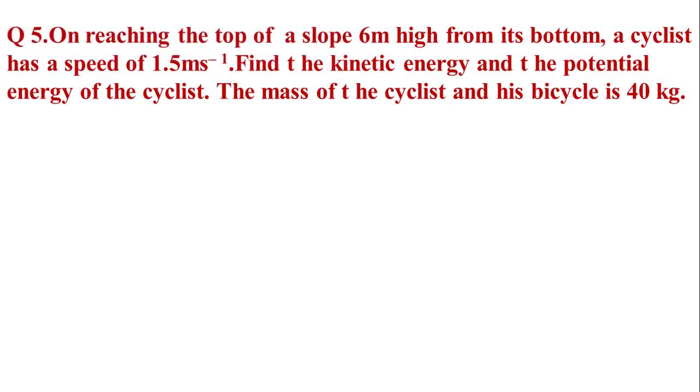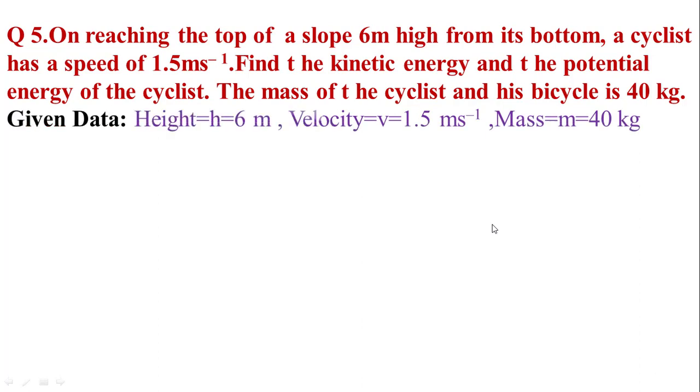question number 5. On reaching the maximum top of a slope 6 meters high from its bottom, a cyclist has a velocity or speed of 1.5 meter per second. Calculate the kinetic energy and potential energy. The mass of the cyclist and his cycle is 40 kg. First of all, write the given data.